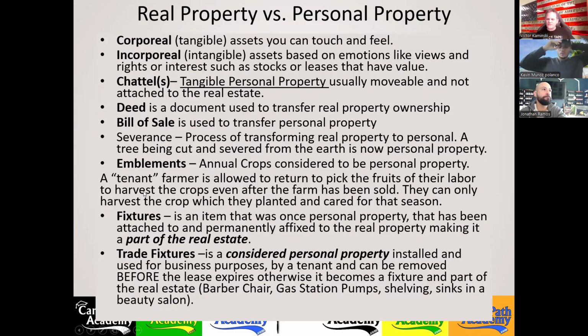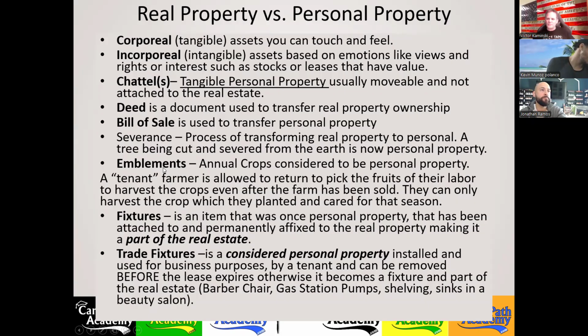And even a tenant farmer, one that does not own the farm but is leasing it, can come back and pick the fruits of their labor even after a farm has been sold, because they tilled the soil, they planted the seeds, they cared for that crop. They got to wait for it to get to the point that it's ready to be picked. So even after a farm has been sold, they could come back and harvest that crop. That's an emblement.